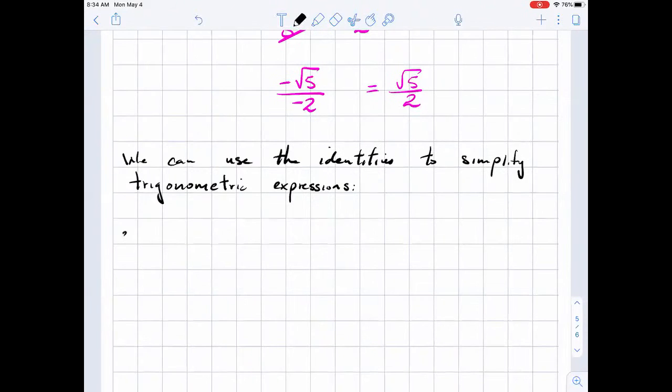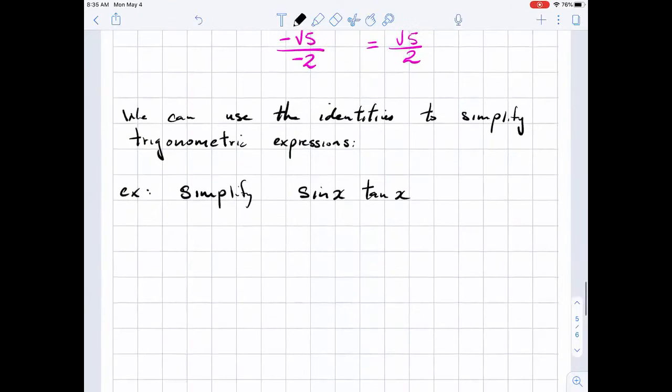Example: simplify sine x times tangent x. Sorry, we want to simplify sine x divided by tangent x.